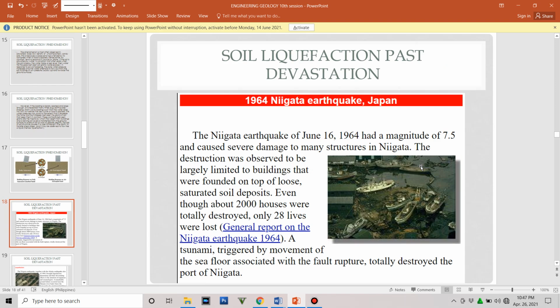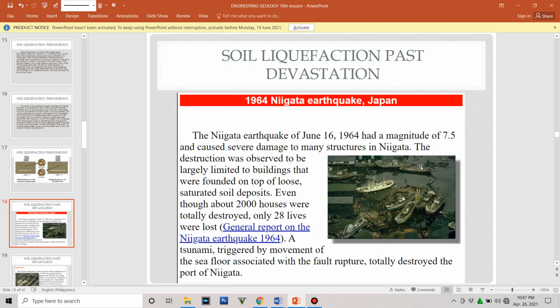So there are soil liquefactions in the past that brought the attention of the scientists. Dito nagising ang mga scientists about this phenomenon. As an example is the 1964 Niigata earthquake in Japan.